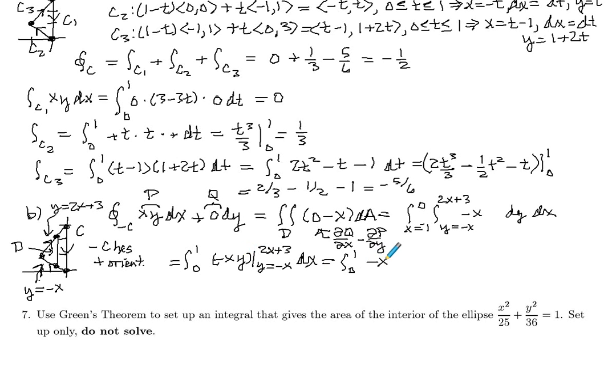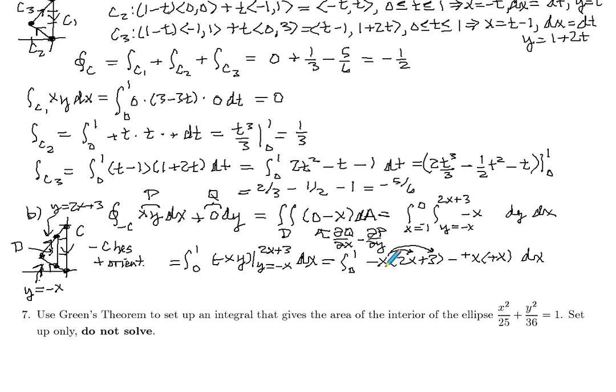So that's -x times 2x plus 3, and minus -x times -x. Those two negatives will make a positive. So here we've got a negative 2x squared, a -3x, and another -x.